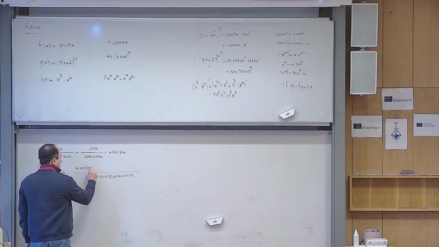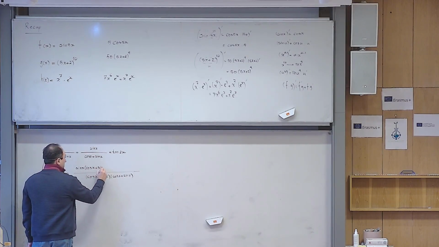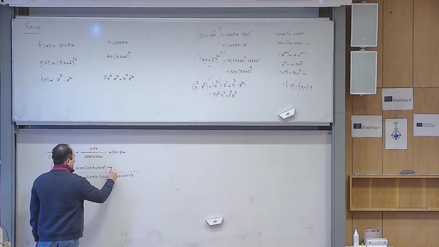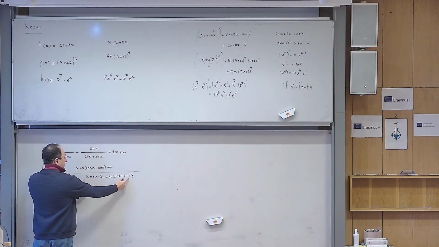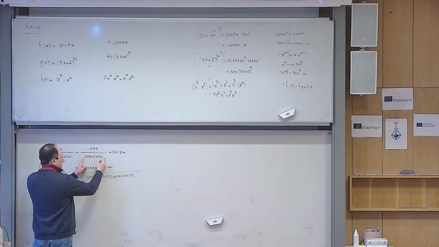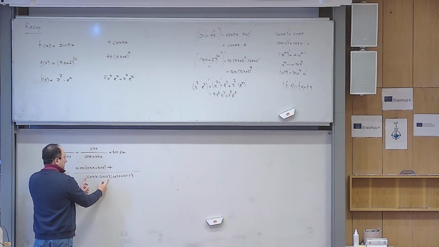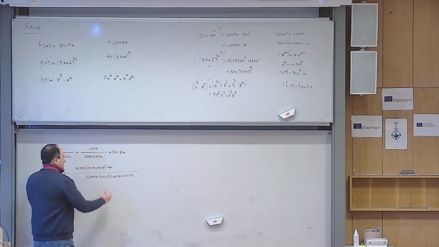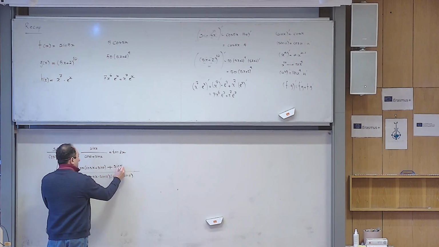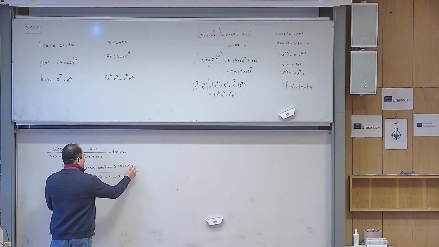This becomes cosine x plus sine x. Then I have a plus sign here. And now I compare this new denominator with the old one. I see that this old one is being multiplied by this factor. I have to do the same to its own numerator. So I will take the numerator and multiply it by that extra factor.